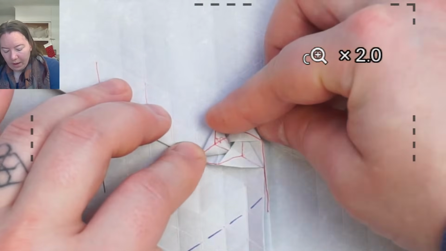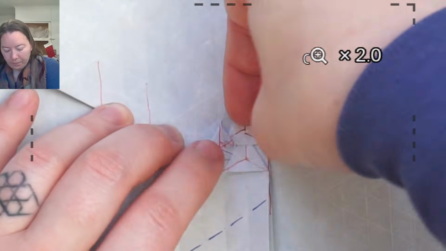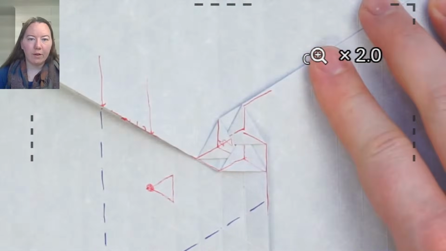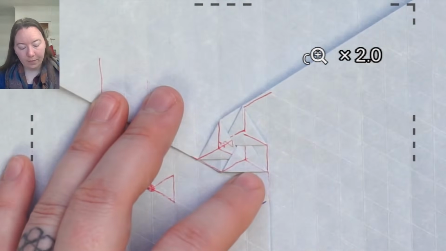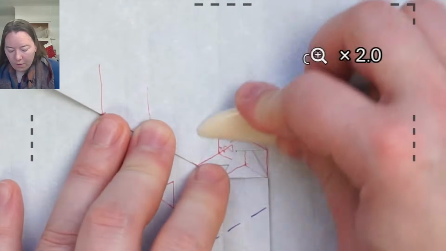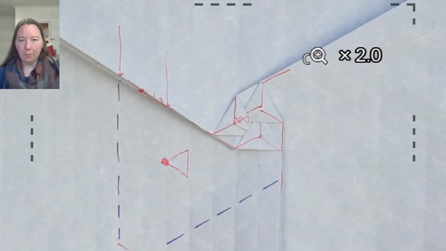We still have two good pleats to press on. And then the corner is tucking under. So there's our first triple triangle of the broader pattern.